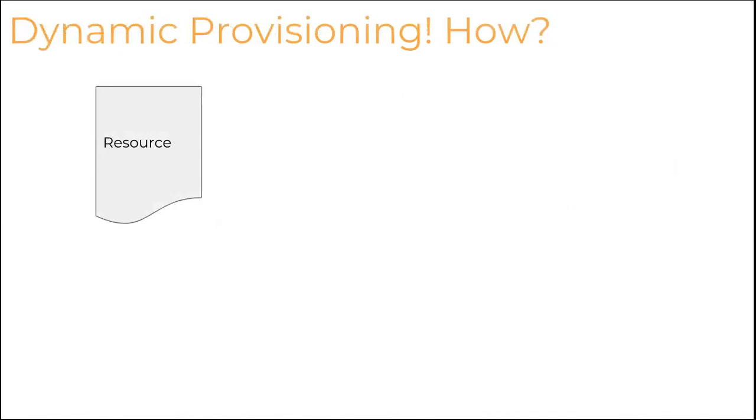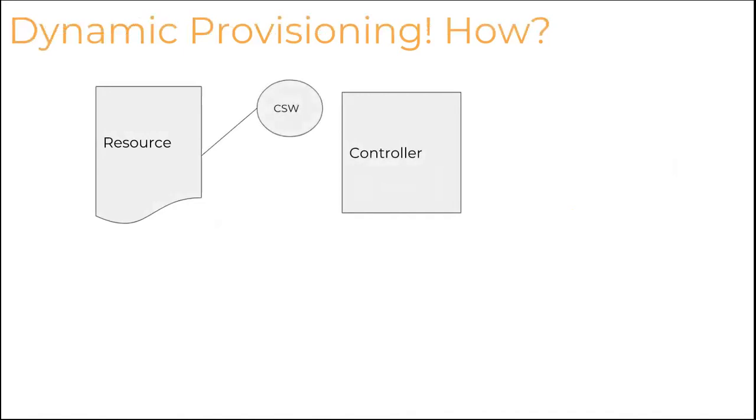A resource is an object that's stored in the etcd. And the controller is either a binary or a container that looks at these resources and performs certain actions, right? A resource typically has something called the current state of the world. It's basically some attributes that define what the current state is.